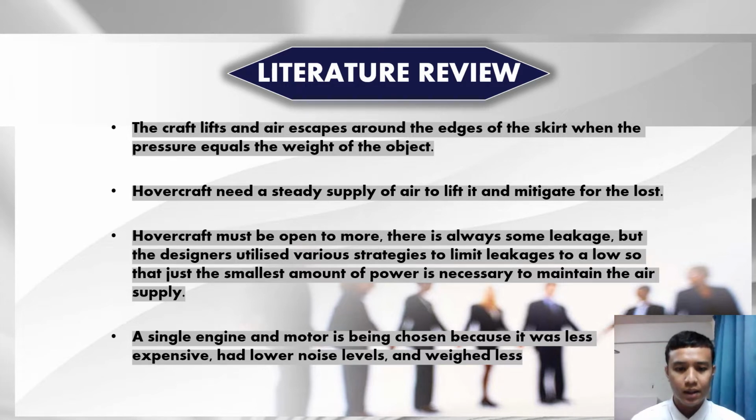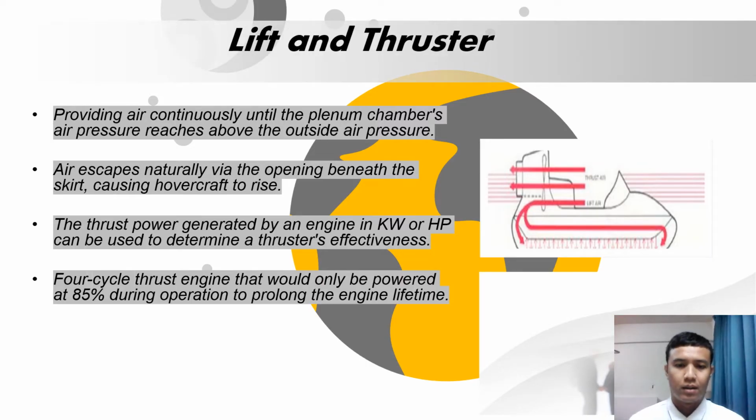A single engine and motor is chosen because it was less expensive, had a lower noise level and weighed less. Lift and thruster provide air continuously until the plenum chamber air pressure rises above the outside pressure.